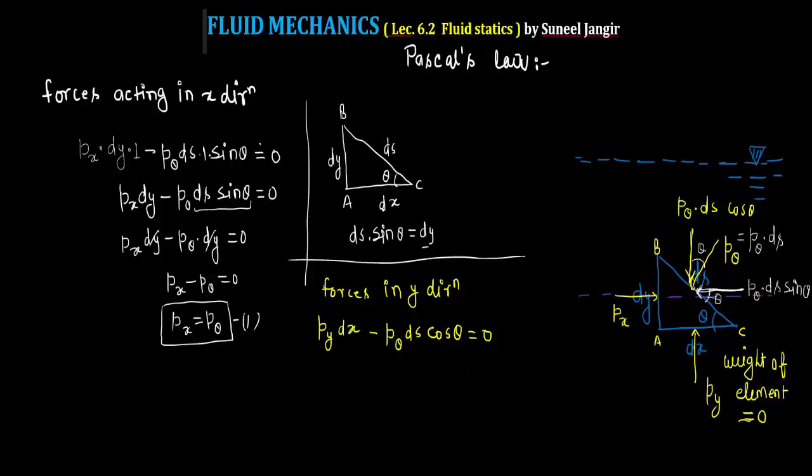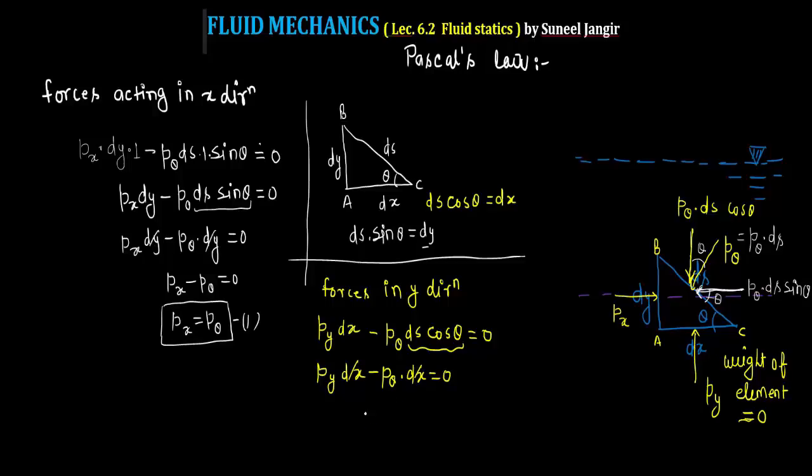So again considering this triangle ABC, we can also say that ds cos theta is equal to dx. You can see here ds cos theta is the projection, which equals dx. So I can replace this term and write py dx minus p theta dx equals 0.